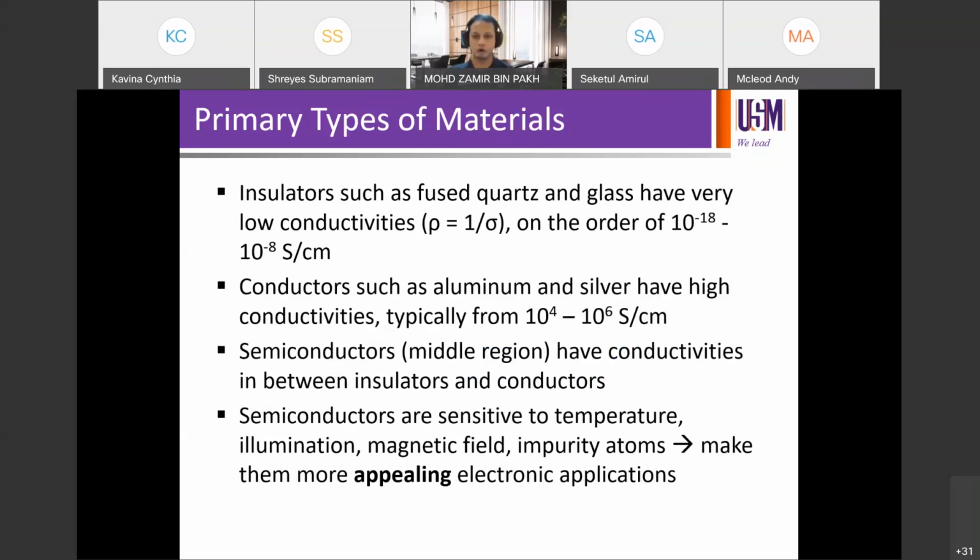The unit for conductivity is Siemens per cm, and resistivity is usually ohm cm. Semiconductors in the middle region have conductivities in between. The keywords there are in between insulators and conductors. So it has a spectrum of conductivity and resistivity, and they depend on certain conditions. Okay, we're going to discuss that.